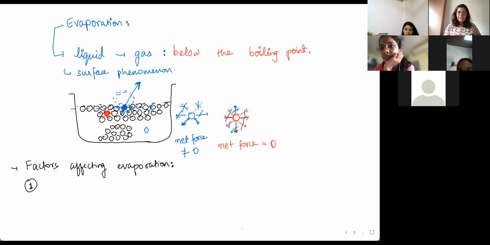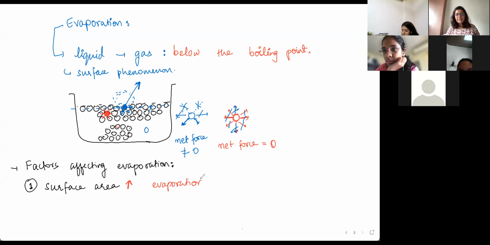Factors affecting evaporation. What speeds up or slows down evaporation? The first thing is very obvious. It's a surface phenomenon, right? So how do you think surface area will affect evaporation? If surface area increases, will it increase the rate of evaporation, decrease it, or will there be no change? Increase the rate of evaporation. Absolutely right.